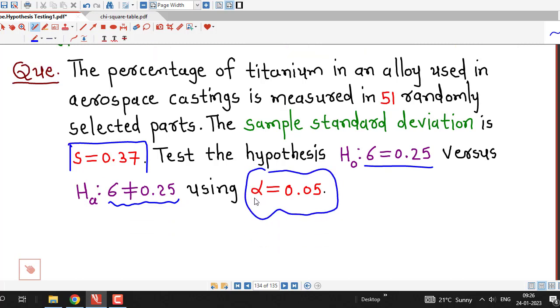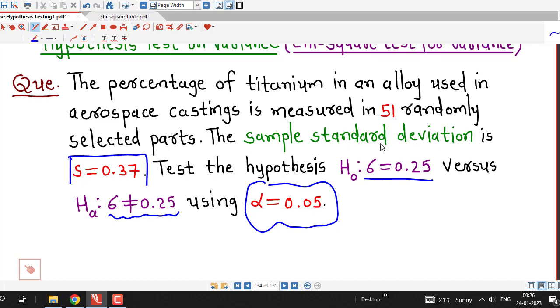So here we are given this sample of 51 randomly selected parts, and the characteristic under study is the percentage of titanium in an alloy used in aerospace castings.